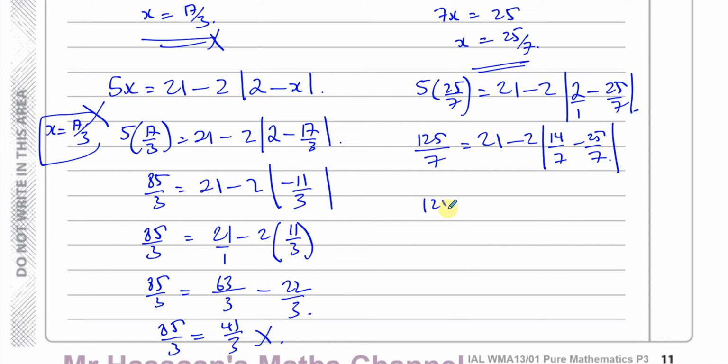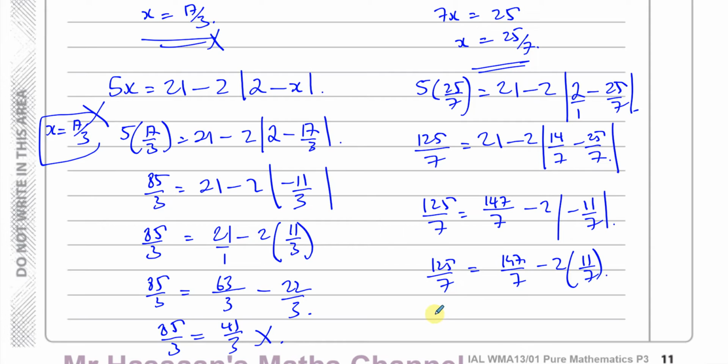Multiplying both by 7, this is going to be something over 7, that's 147 over 7, right? 147 over 7 minus 2 times the modulus of 14 minus 25, which is 11, so that's negative 11 over 7. So you have 125 over 7 equals 147 over 7 minus 2 times 11 over 7. So you have 125 over 7 equals 147 over 7 minus 22 over 7. And 147 minus 22 is 125.